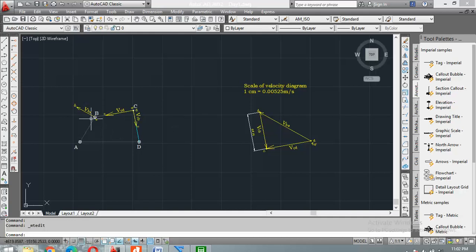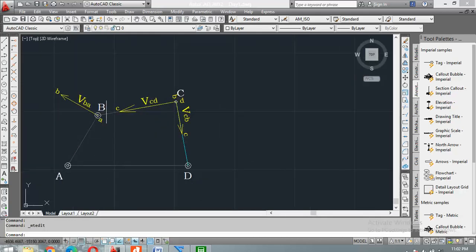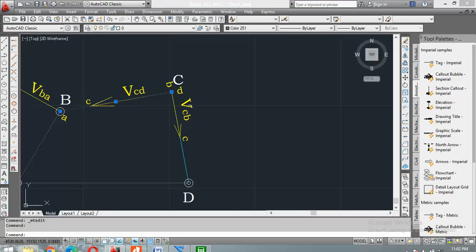So see, we do not have the direction of angular velocity of CB link, but we have the direction of tangential velocity of CB, okay. So how can you find out whether the CB is rotating clockwise or anti-clockwise? You can judge from this velocity direction, okay.